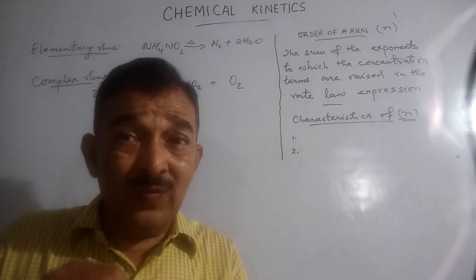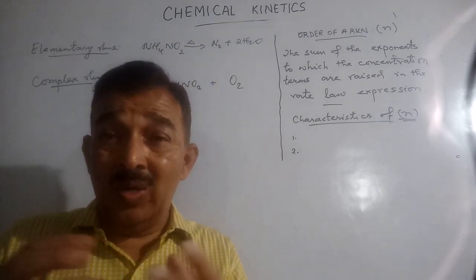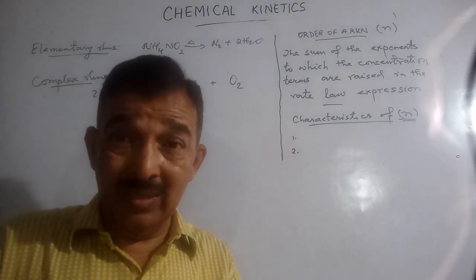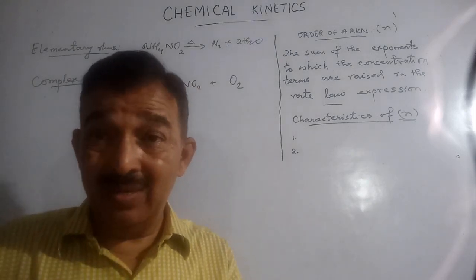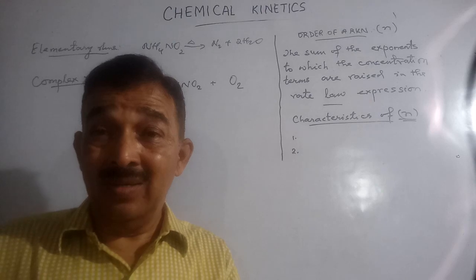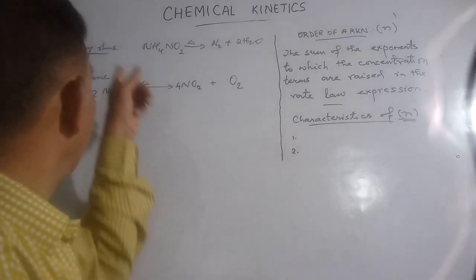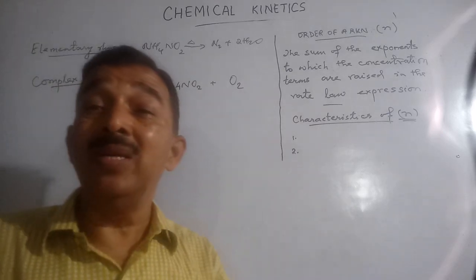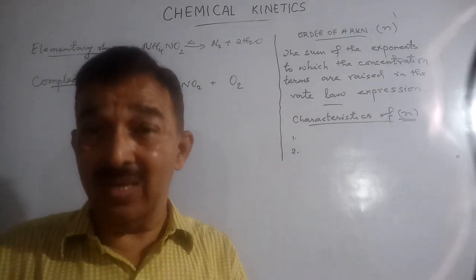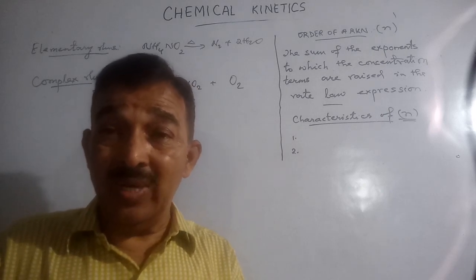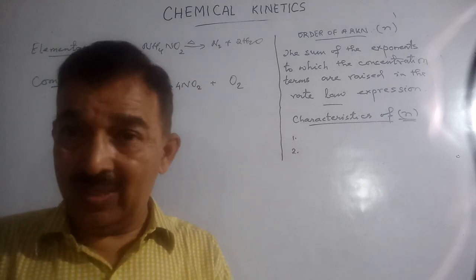If the product formed on colliding the reactants is stable in one step, then such reactions are called elementary reactions. It means that in one step only, such reactions give the stable product.